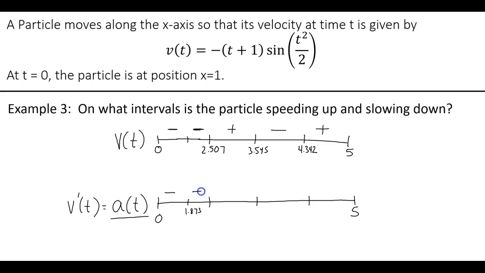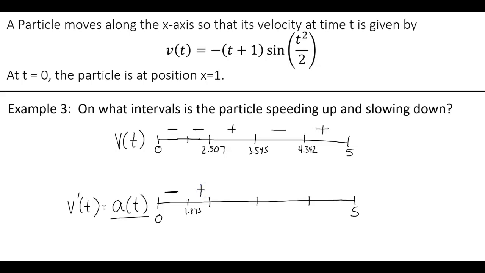So, on the interval from 0 to 1.873, my acceleration was negative. All right, and then after that, it was positive, because it was above the x-axis.